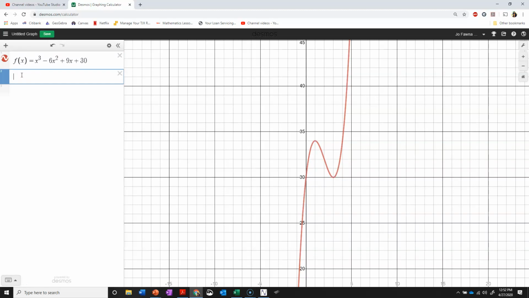Okay, so now when I graph my point, I can say 2 comma f of 2. Places me right there at 2 comma 32, just like we said. To the left of that point, the function is concave down. To the right of that point, the function is concave up.